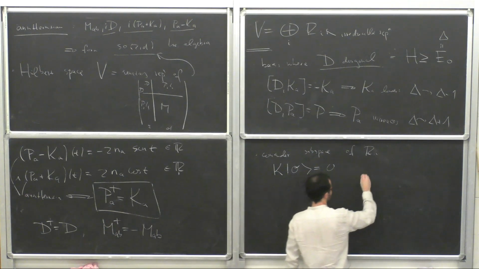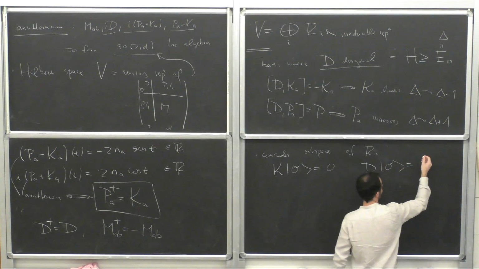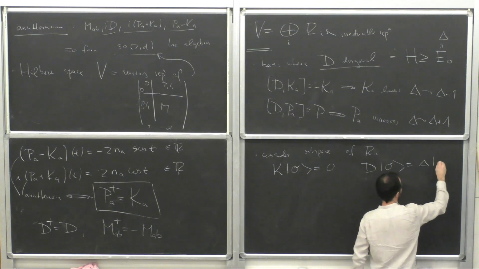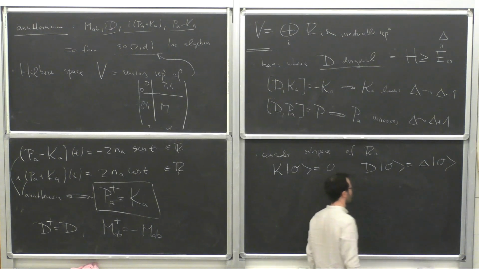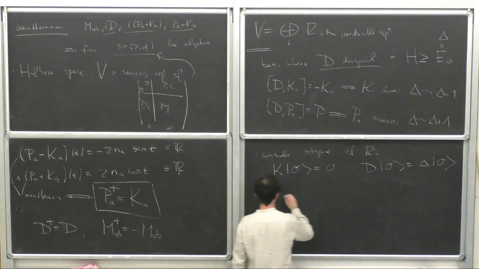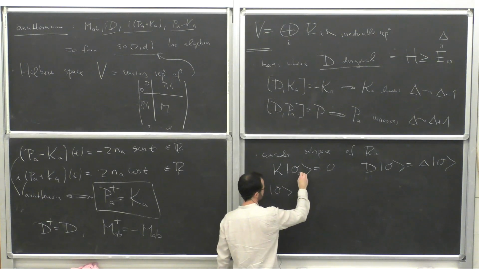Now, these O's are representations of D, meaning that D acts like some scaling dimension. And also the O's have to, okay, so let's say there's a bunch of them.